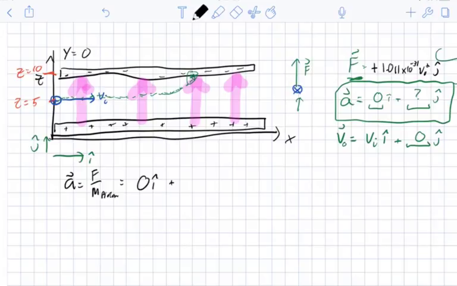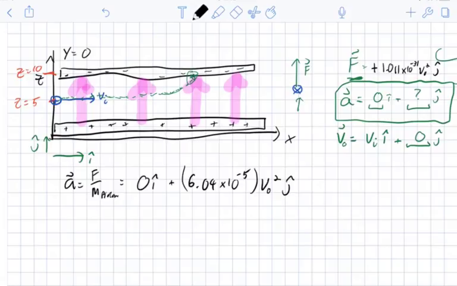divided by the mass of a proton, 1.673 times 10 to the minus 27, which is 6.04 times 10 to the minus 5 v naught squared j hat.